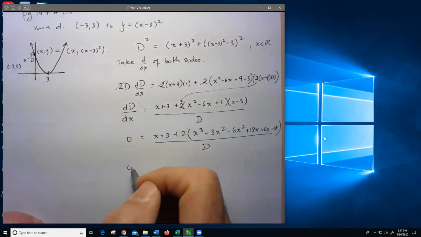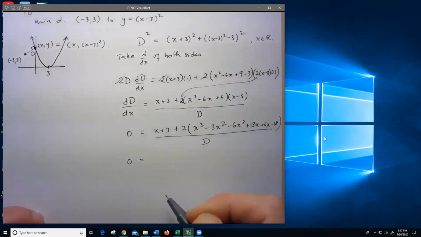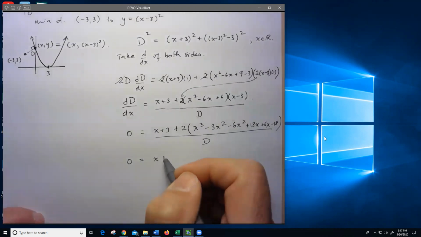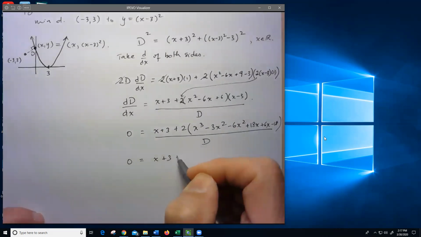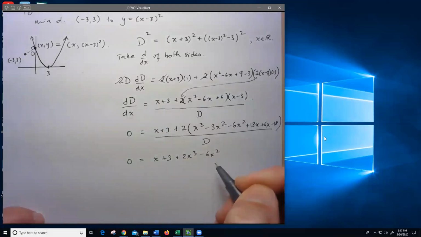Okay, so folks, I hope we were very careful in checking my algebra here, because one little error will cause issues solving this. So x plus 3 plus 2x cubed, so minus 6x squared.